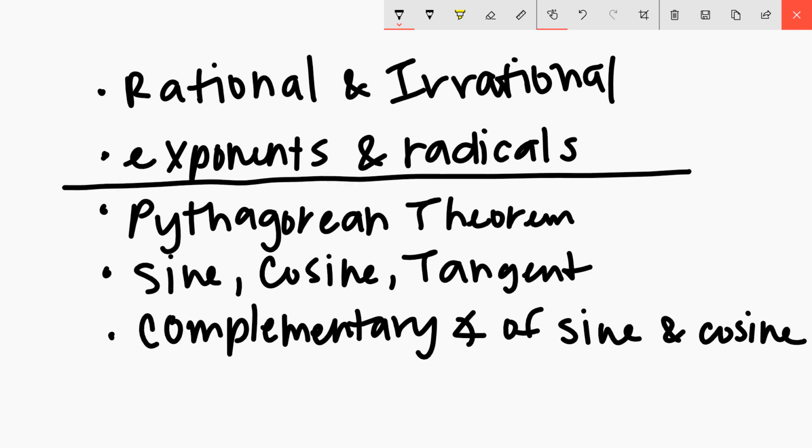Breaking it down, those first two pieces, we've learned before we closed school. Any standards that fall under those two pieces, irrational and rational numbers, and exponents and radicals, are standards that you can use to bring up your grade, and that's going to be on your quiz 3 for unit 6.